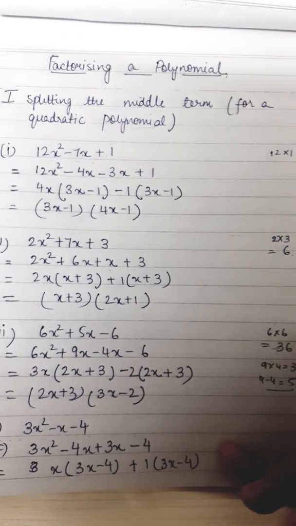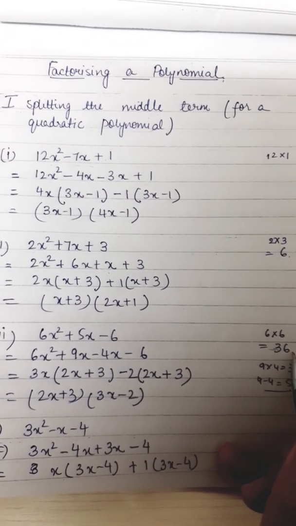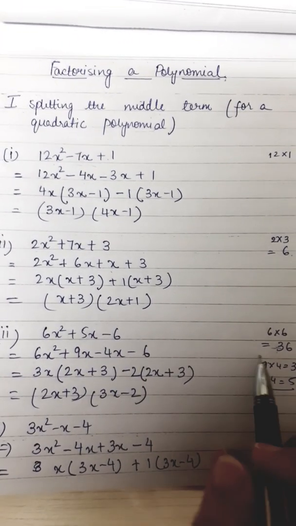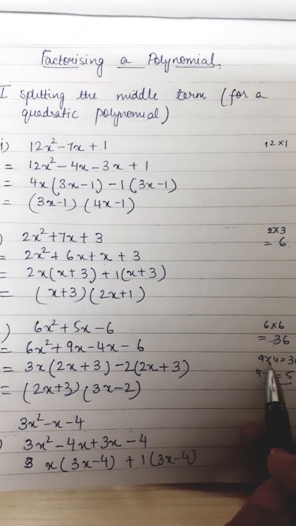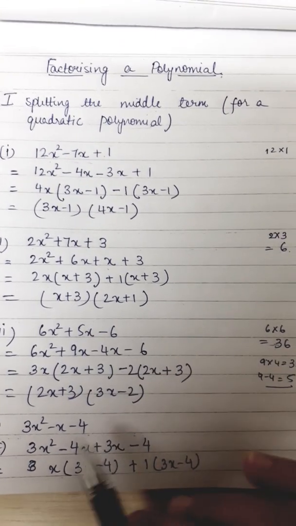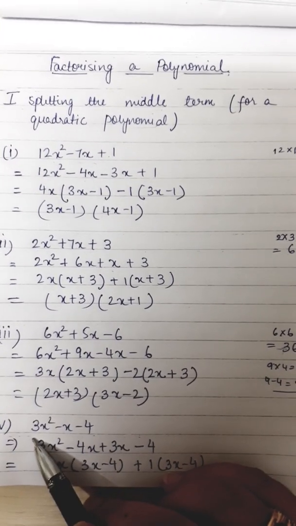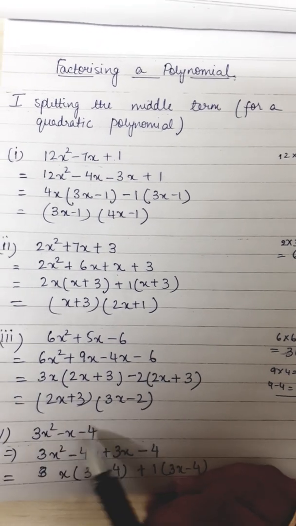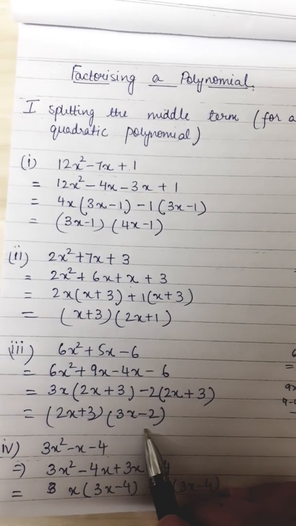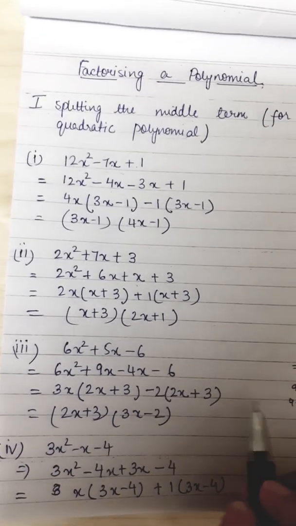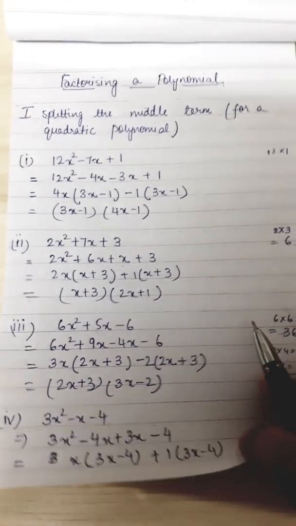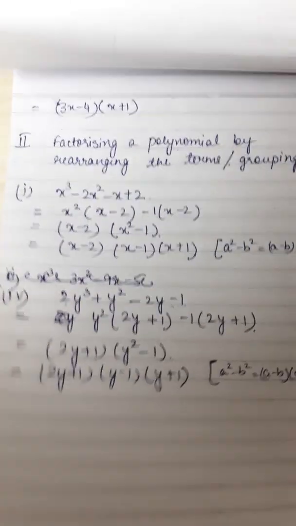What can be the other factors? It can be 12 and 3, but 12 and 3 also will not give me 5. 9 and 4 can be one of the factors, and 9 minus 4 will give me 5. So you have to see what the extreme terms' product is, what the factors of that product are, and which combination of those factors can give you the middle term. So that is the first method for factorizing a polynomial.